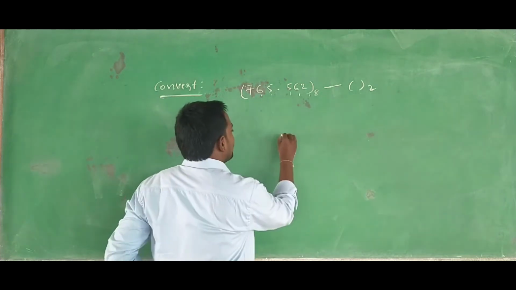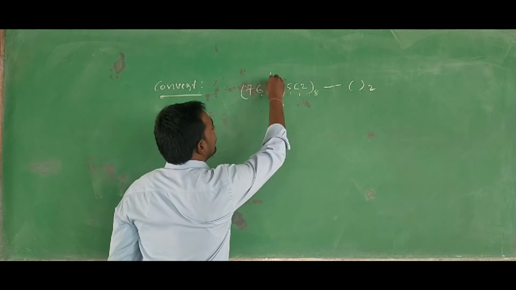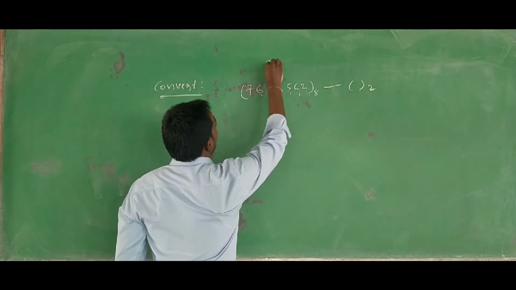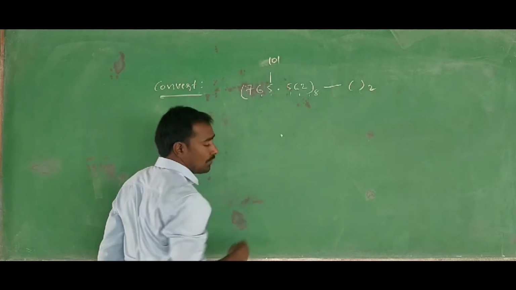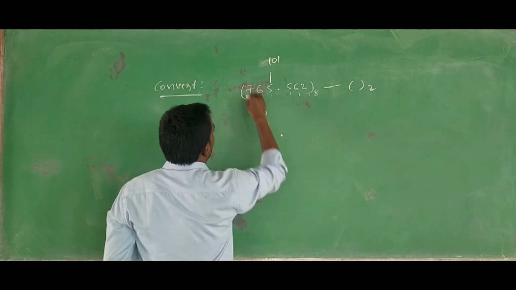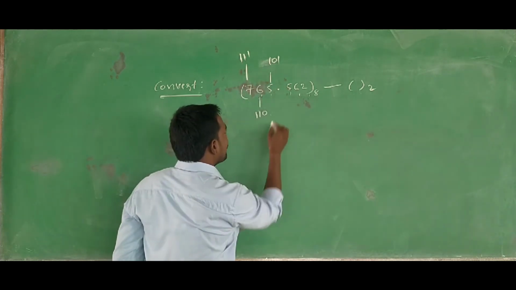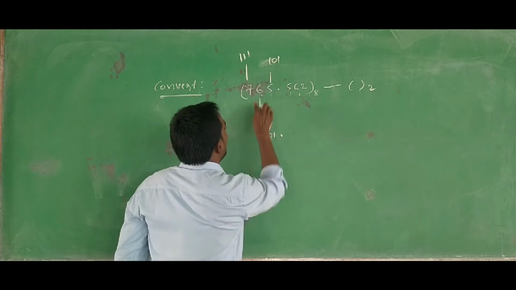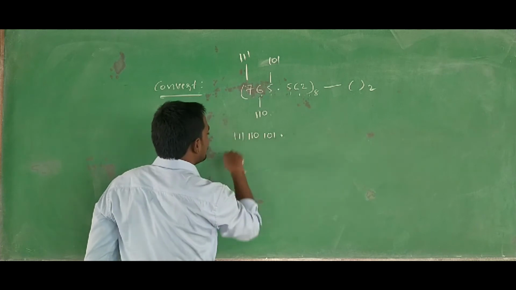Before the radix point, 5 is equal to 101, 6 is equal to 110, and 7 is equal to 111.